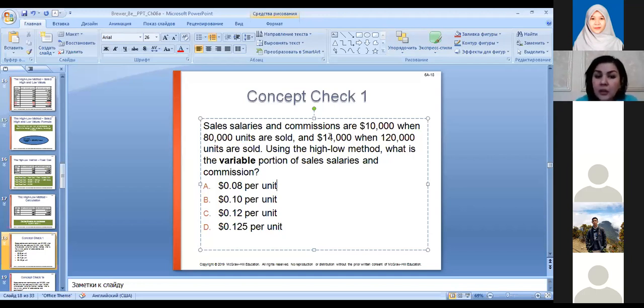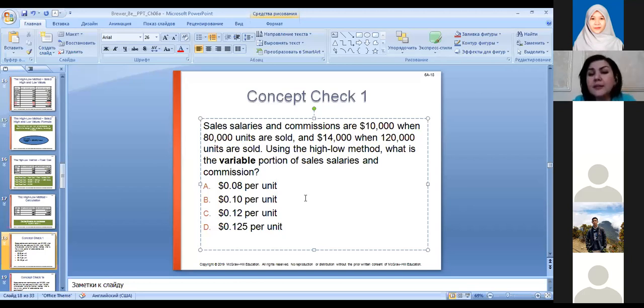Simply, what is the low level of activity? You are given two levels of activity and costs. 80,000 units. This is the low level, right?